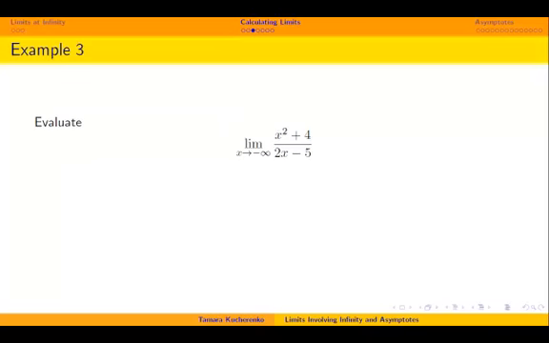Our next example is to evaluate the limit as x approaches negative infinity of x squared plus 4 divided by 2x minus 5. Since it is a rational function, we divide the numerator and denominator by the highest power of x in the denominator.